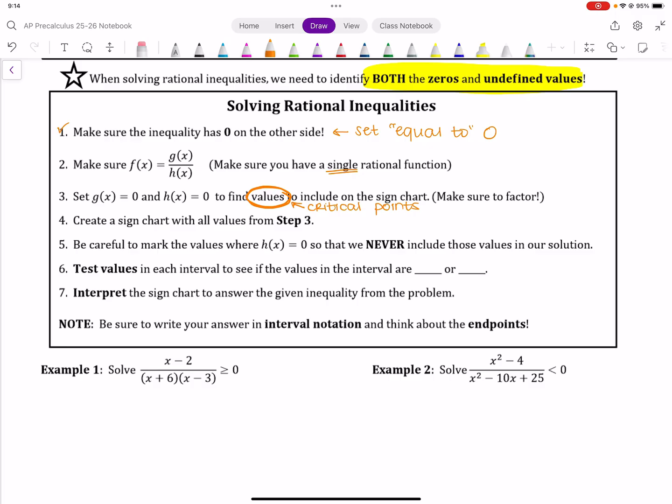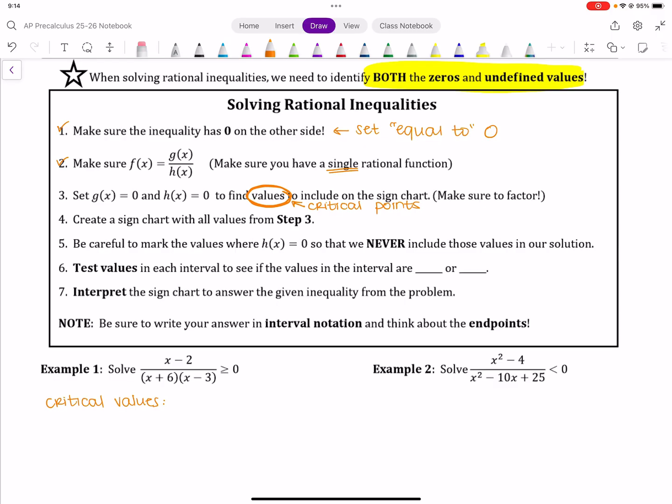And then we do have a single fraction on the left, so then we want to identify where g of x and h of x equal 0 to identify our critical points. So from the numerator, when x equals 2, that would be one of our critical values. And then from the denominator, we get -6 and +3.